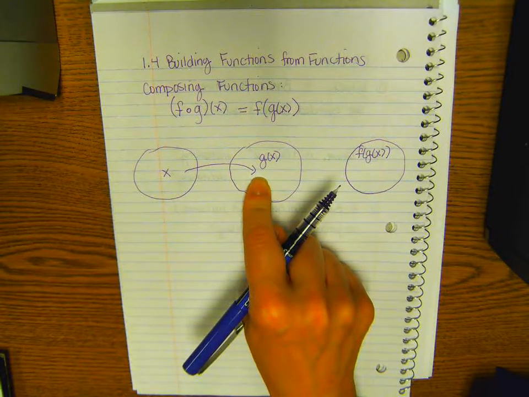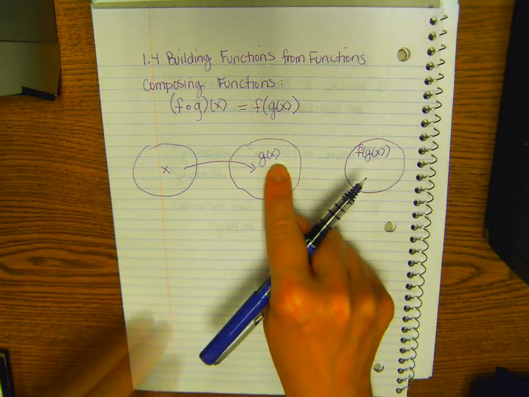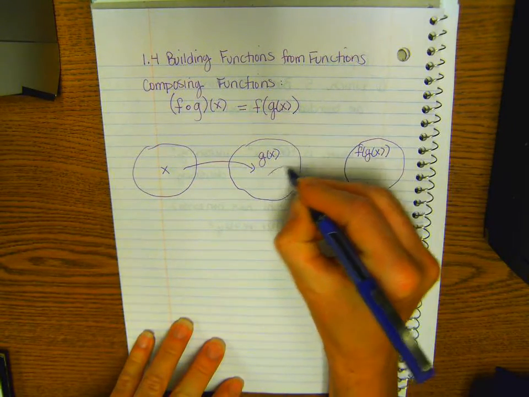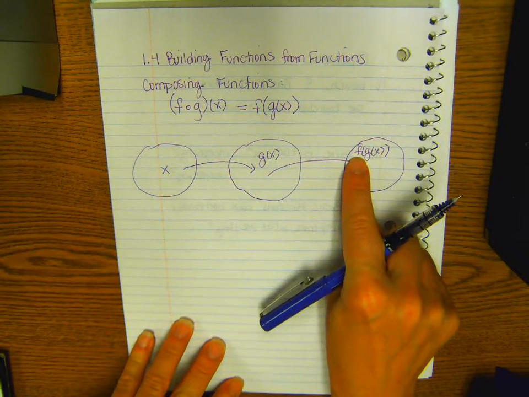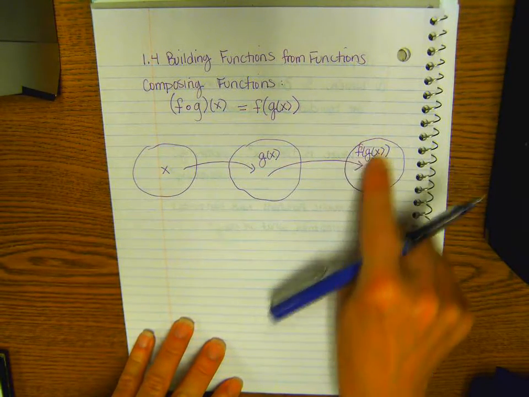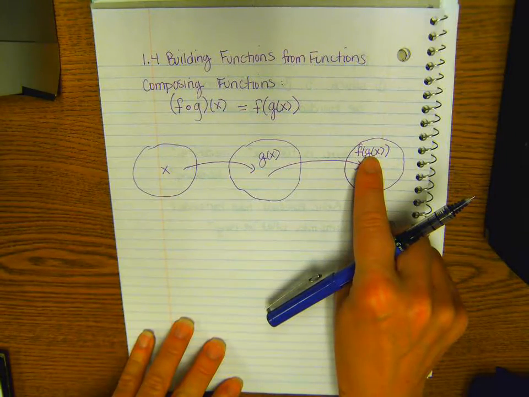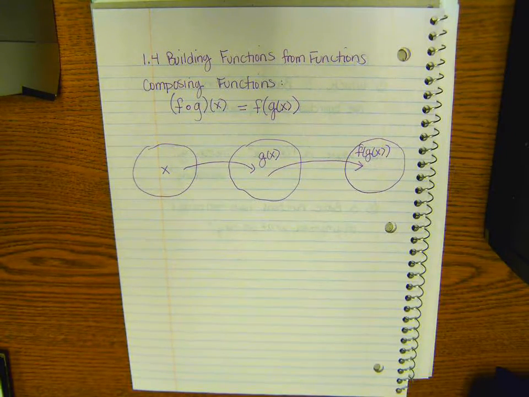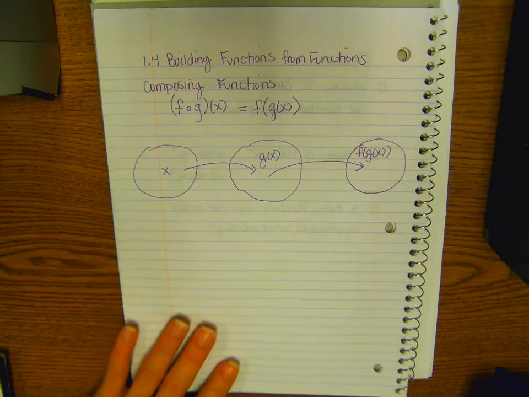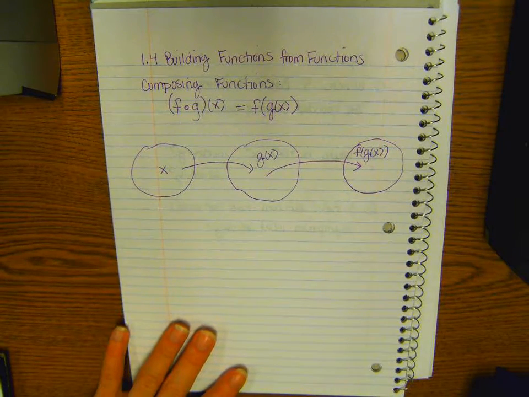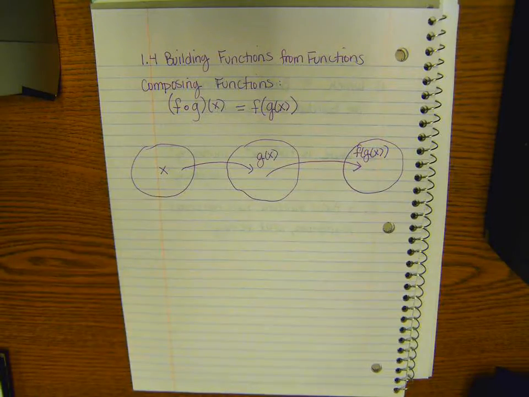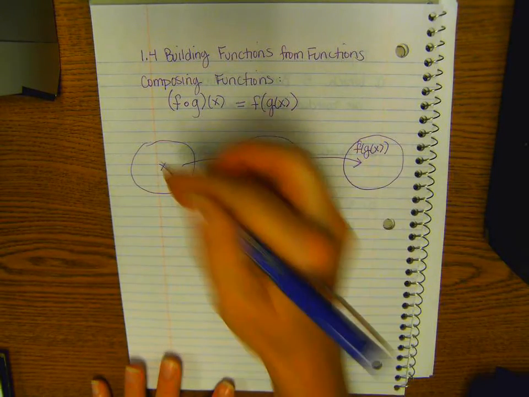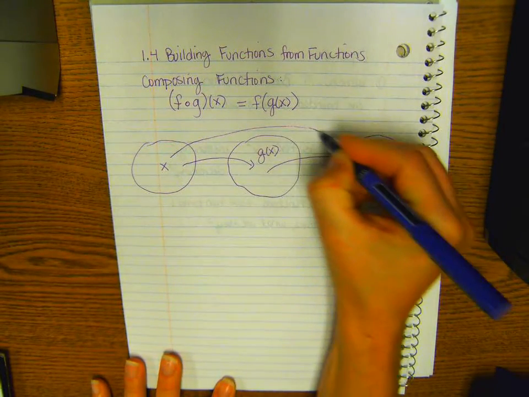What then happens is you take the output, that 4, and you put it into another function f. What that gives you is f of g of x, because you're taking the output of g of x and you're putting it in the function f. What we can do, though, is we can actually make a new function that instead of doing 2 steps, it takes us from here all the way to here.